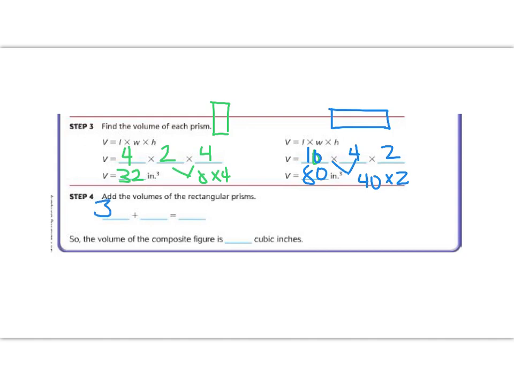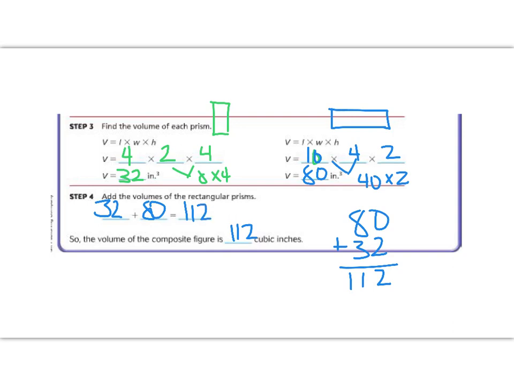So 32 plus 80. Let's write it to the side. 80, 32, 2 plus 0 is 2, and 8 plus 3 is 11. So the volume of both boxes together is 112 cubic inches.